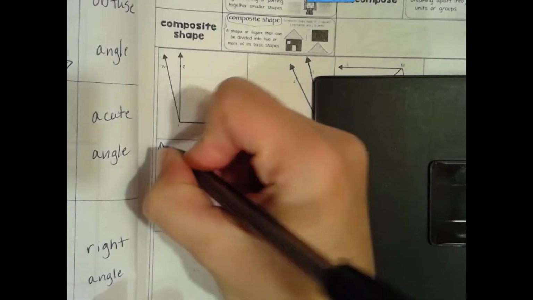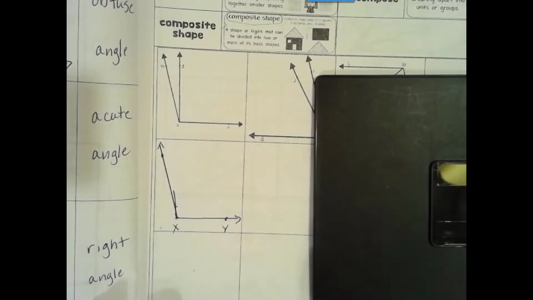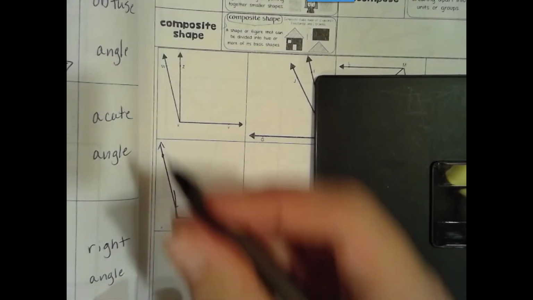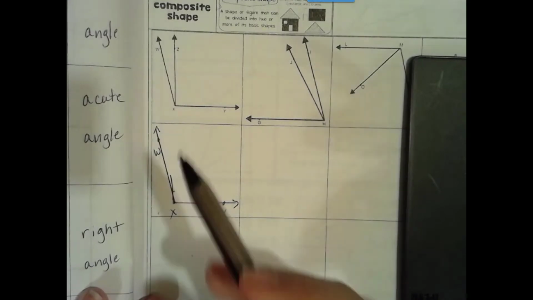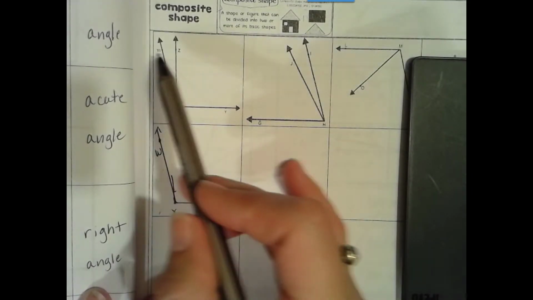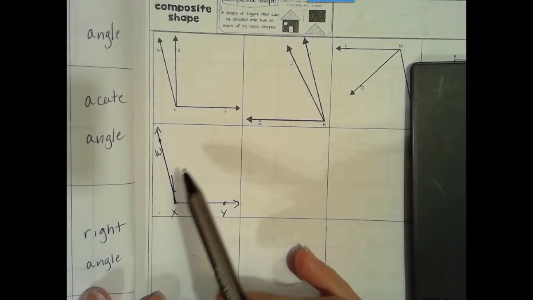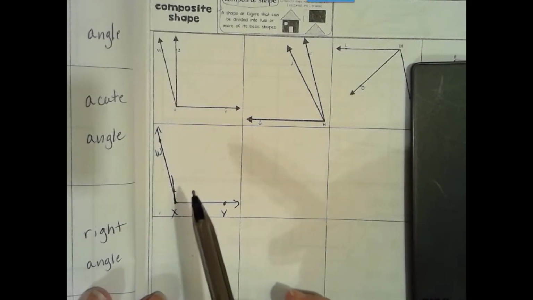It's okay if you have a little problem there. That's why we use pencil. Okay, and then this is W. So I'm just looking at the part that looks like this. So this is part of our composite angles. We have W, X, Y.